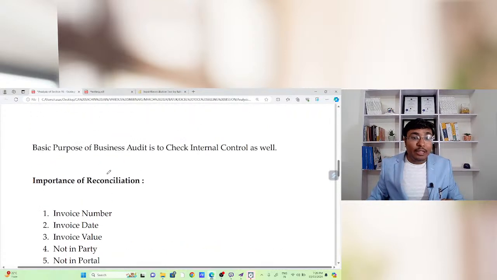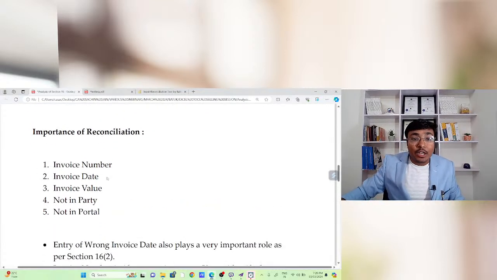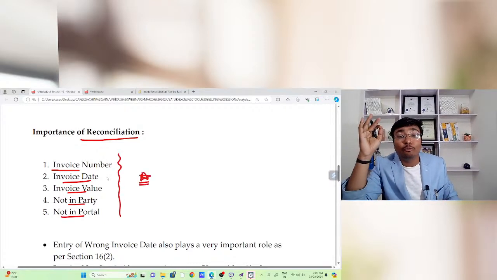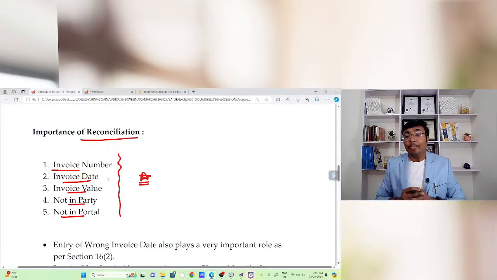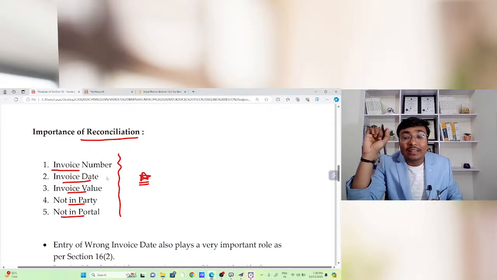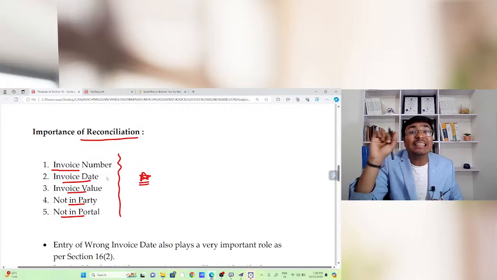Okay, now importance of reconciliations. So the importance of reconciliation is from invoice number, invoice date, invoice value, not in party, not in portal. These types of parameters are required to fulfill the reconciliations. Okay, अगर हम लोग ये सारे के सारे पॉइंट रिकंसाइल करवा लेते हैं, only in that case we can ensure that the input tax credit which is claimed by the taxpayer is completely correct.